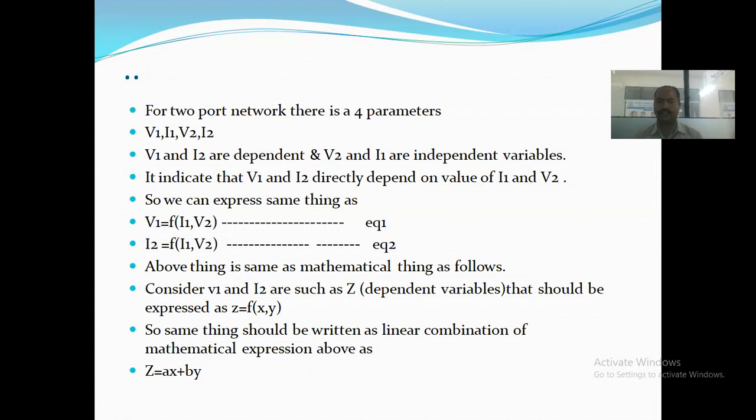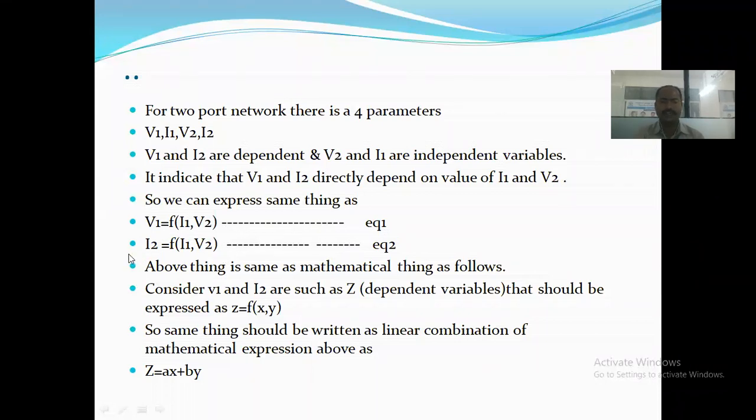Okay, now there are two things, phi1 and I2. These are your dependent variables. So we write phi1 as a function of I1 and phi2, and I2 as a function of I1 and phi2. Why have we taken the same equation?